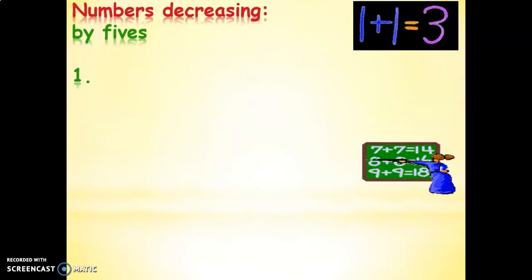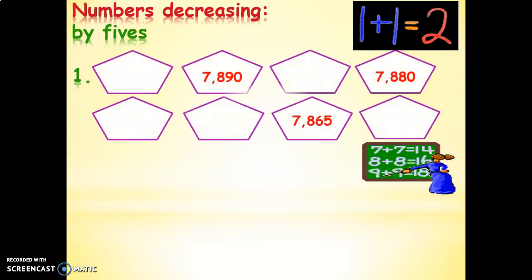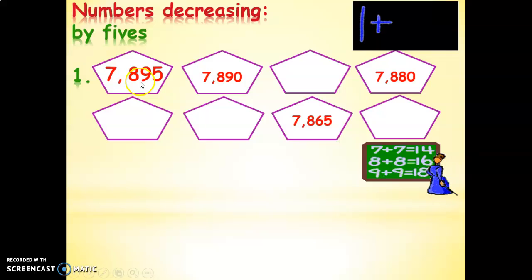For number 1, numbers decreasing by 5s. The first number is missing. So it means the first number should be bigger than 7,890. This number is 7,895. Minus 5 gives you this number. Now let's decrease this number by 5. And the answer is 7,885.